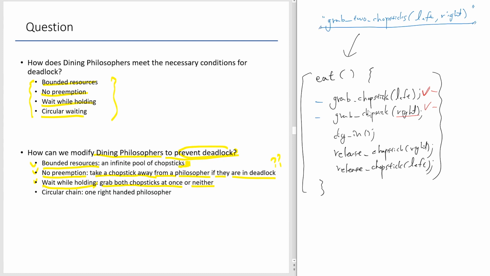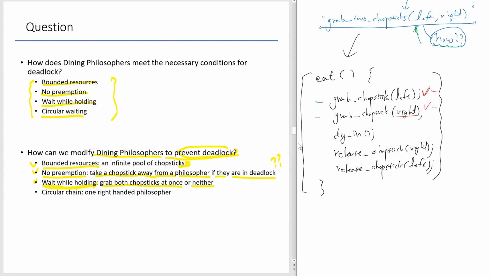You can imagine it, but again, just like I talked about with acquire all, release all semantic, the question here is how? How do you implement this interface so that it behaves atomically? So breaking the wait while holding condition implies that you grab both chopsticks at once or neither. I will just say briefly that this how part can be done. You can implement this.